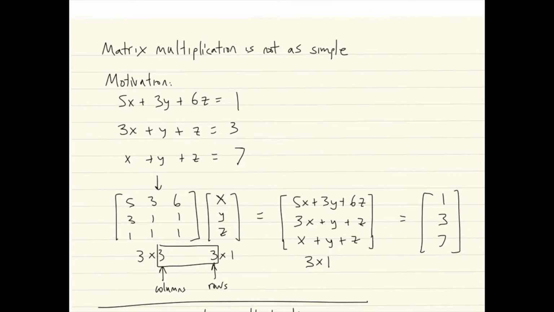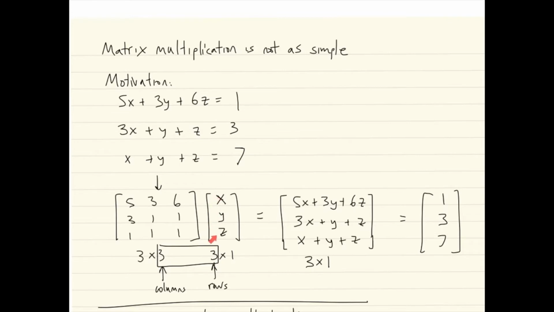Okay, and so then what I get is a 3 by 3 matrix of just the coefficients occurring on the left-hand side of the equal sign. And then I'm going to make a new matrix of the variables, namely x, y, and z, and I'm going to list them vertically. So when I do that, I get a 3 by 1 matrix.